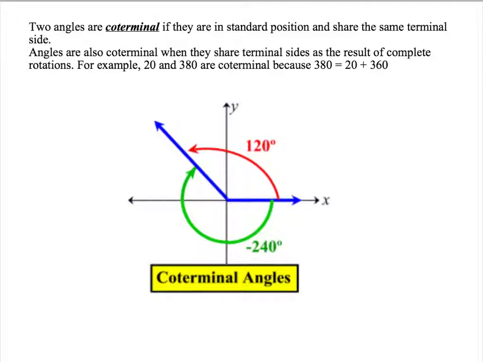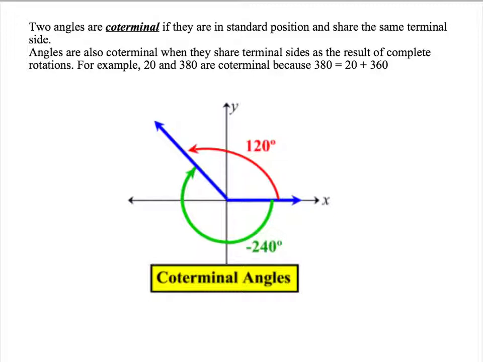What's terminal mean? The end, okay? The terminal side is where the angle ends. The red 120 degree angle, it ended here. The green 240 degrees went down clockwise and ended here. They ended at the same spot. That makes them coterminal.